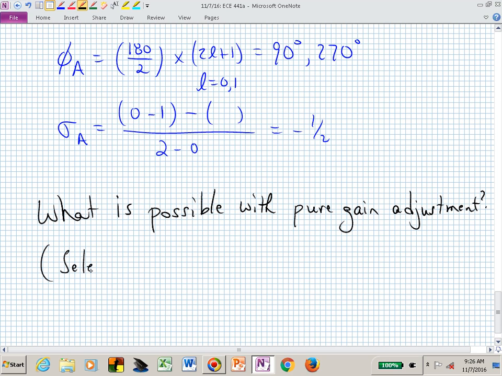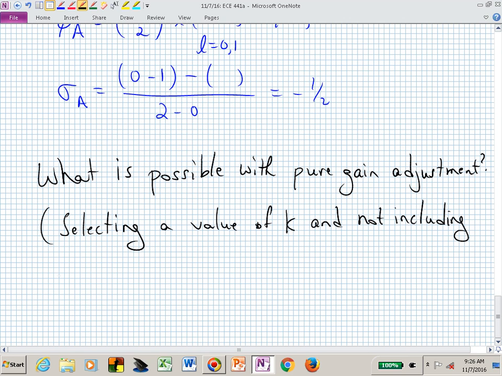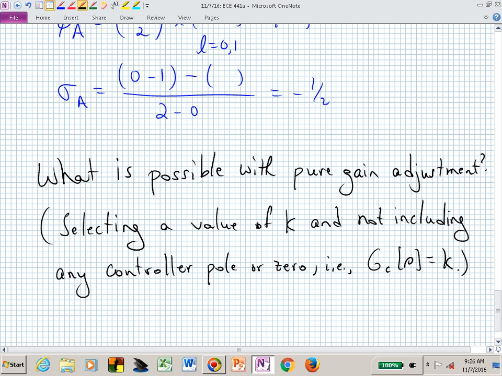In this first step, or the original root locus, we were selecting a value of K and not including or introducing any controller poles or zeros. I.e., our controller was as simple, this G sub C of S was just a gain K.